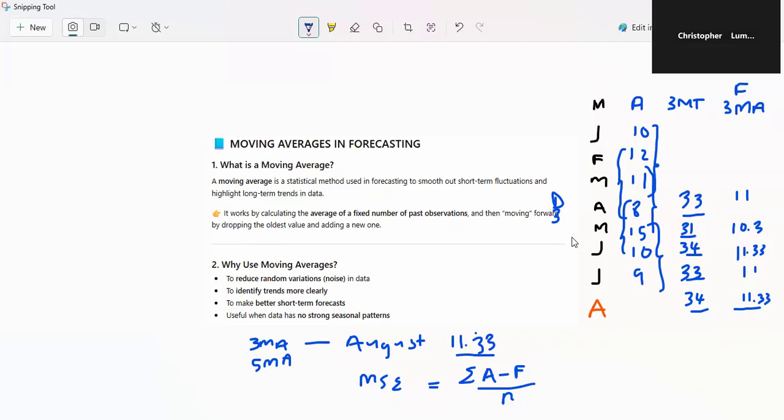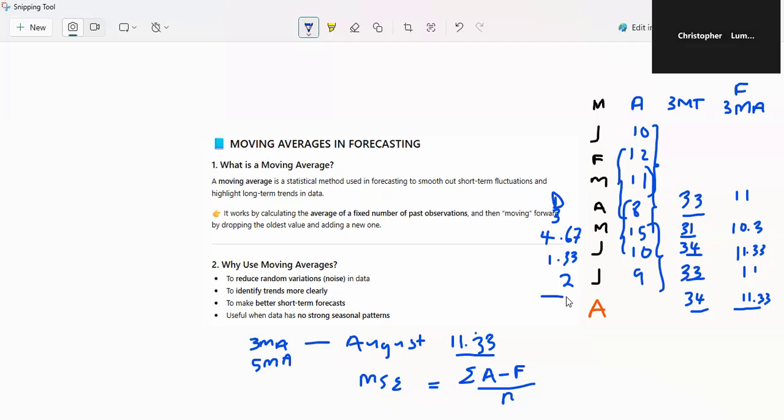It is 4.67. So remember, you're ignoring the negative signs. Then we go to 10 minus 11.33. We get negative 1.33, but we're getting a positive 1.33. That's what it means, the MAD. Then lastly, 9 minus 11, what do we get? 2.